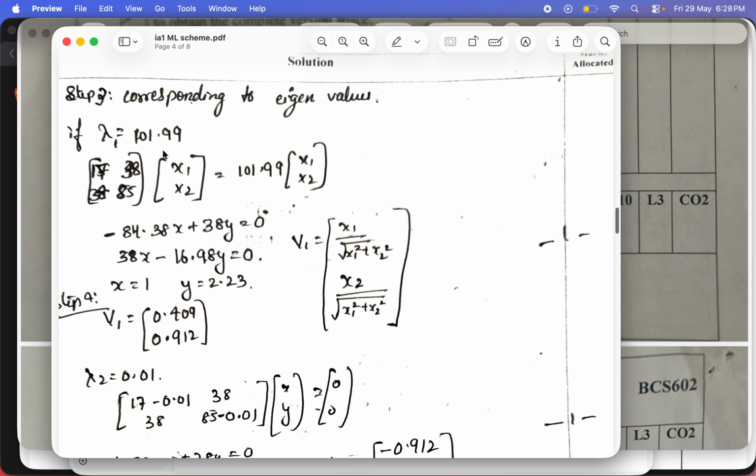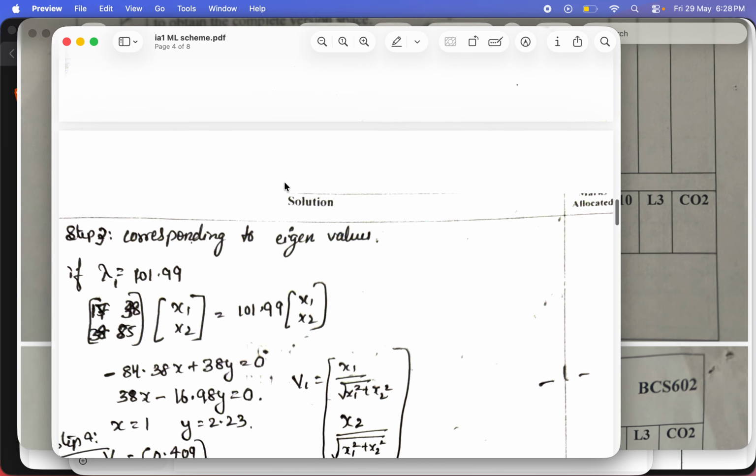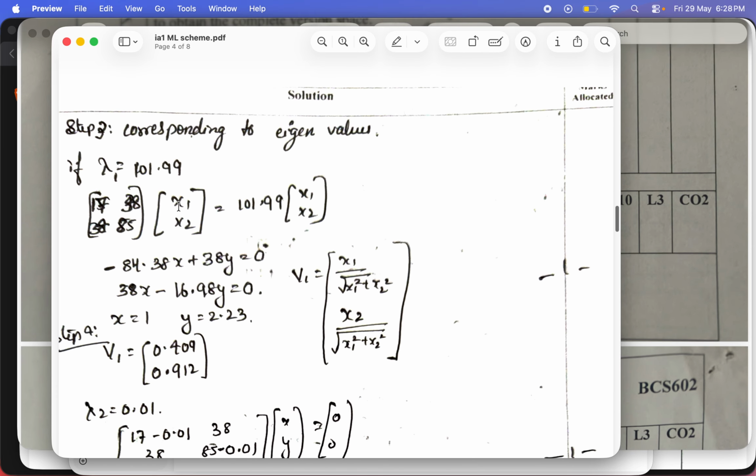Step 3 will be finding the eigenvector. The first value you have to consider is 1.99, and you have to solve.